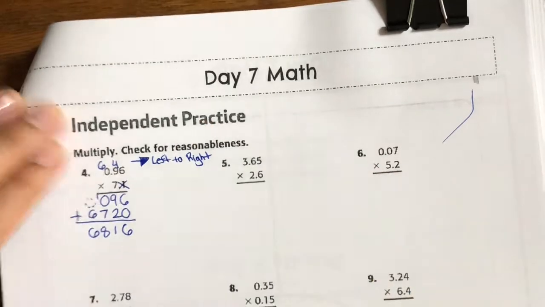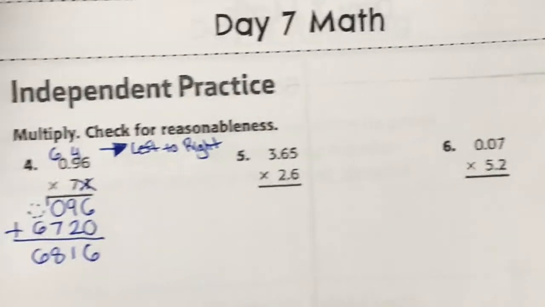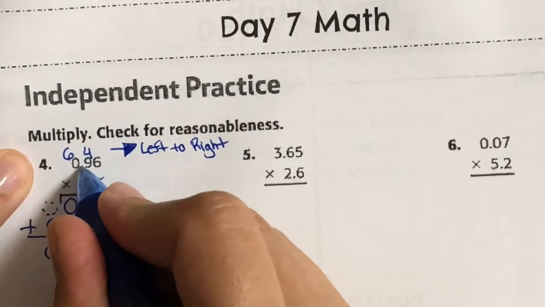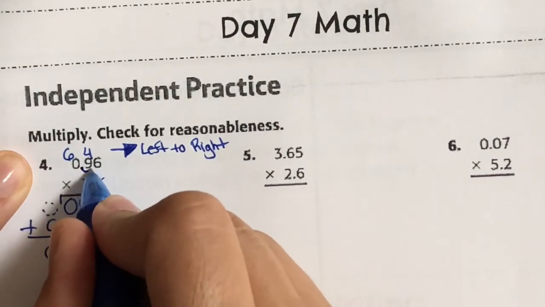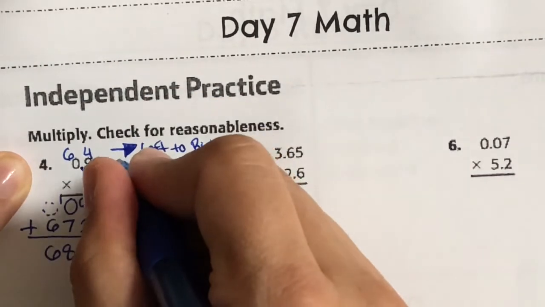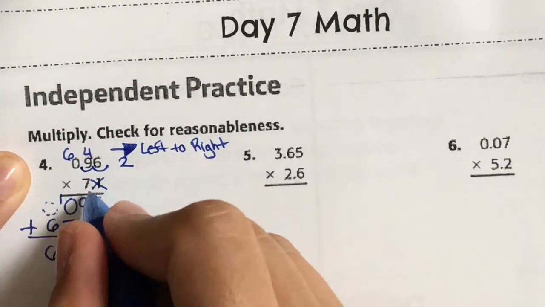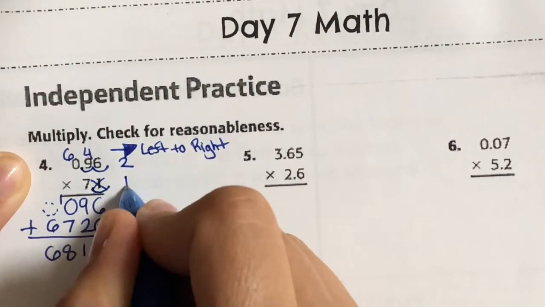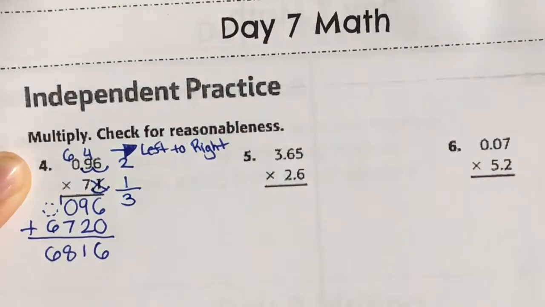I'm going to zoom in so you can see a little better. For 96 hundredths, put your pen or pencil on the decimal and count to the right: 1, 2 spots that the numbers are in. Now we go down to 7 and 1 tenth. Put your pen or pencil on the decimal and count. In this one, we only have 1. So now you add these two together, which gives us a total of 3 decimal spots.